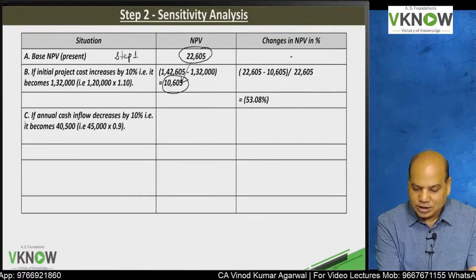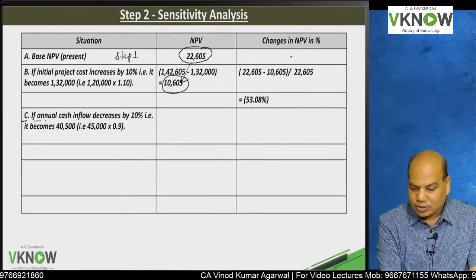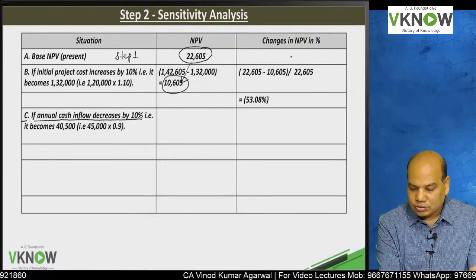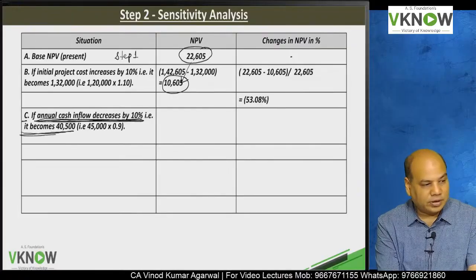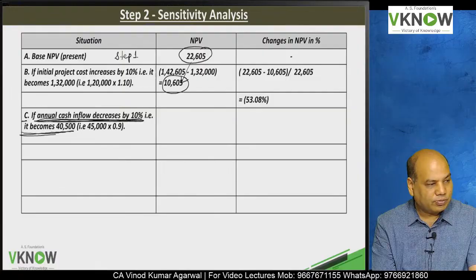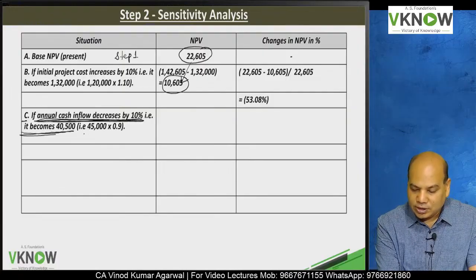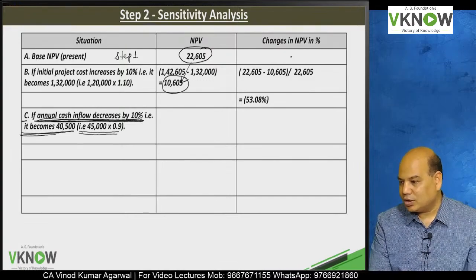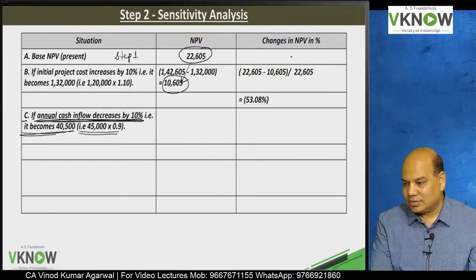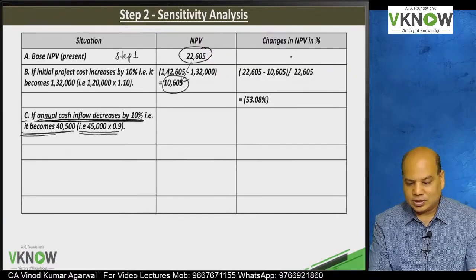Next, point number C, write down. If annual cash flow decreases by 10%, that is, it becomes 40,500. Why? In bracket 45,000 into 0.9, or you can say 45,000 minus 10%.